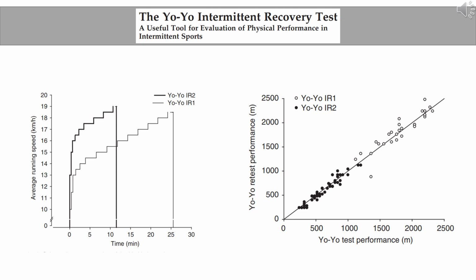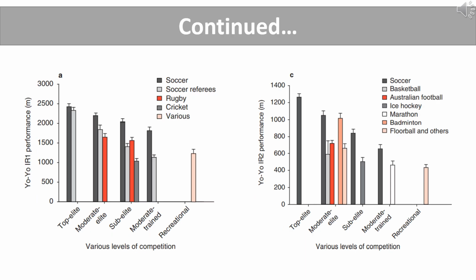There's lots of different factors that can affect that, but generally speaking, it seems that test-retest reliability for both level 1 and 2 protocols is pretty good, and that if we ultimately end up at a very similar point between level 1 and level 2 protocols, why would we not choose the protocol that takes less time and in turn makes them cover less distance, which I'll go on to talk about in a minute.